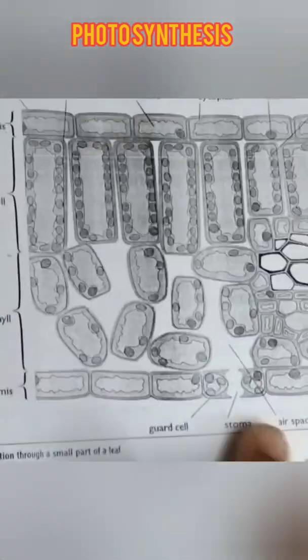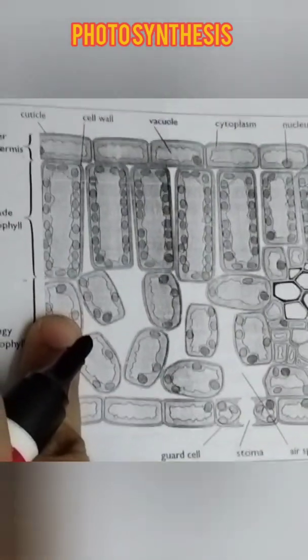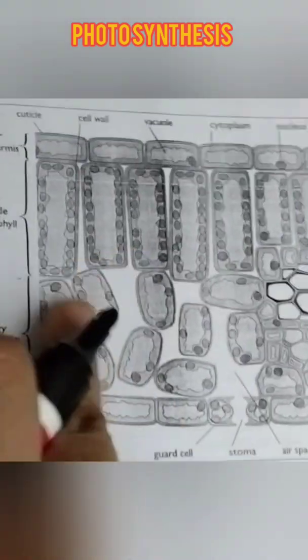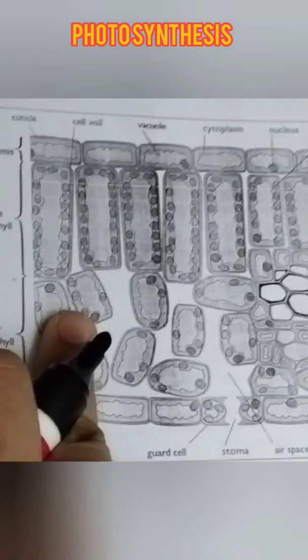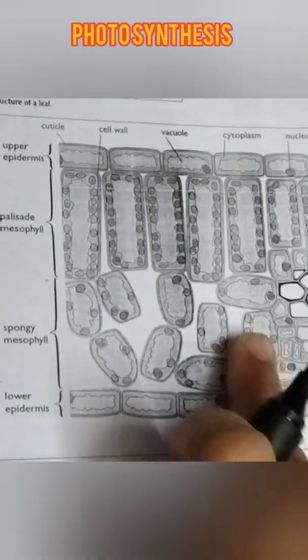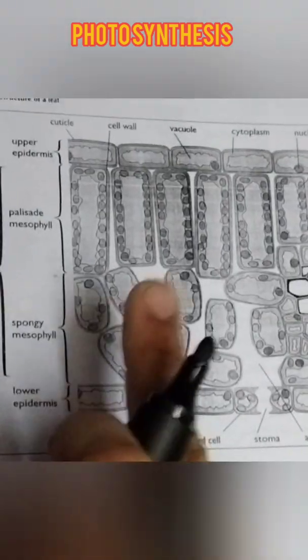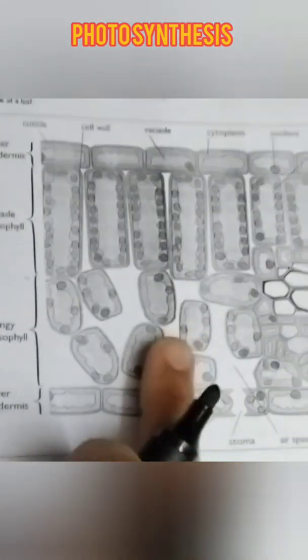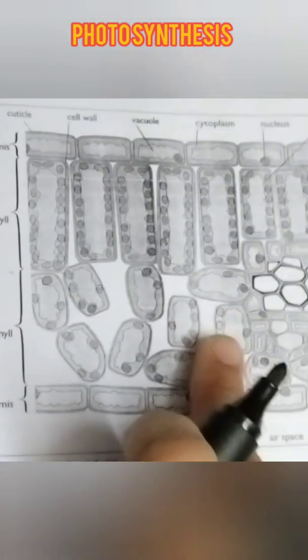So carbon dioxide has to reach this particular cell, where the photosynthesis occurs. Carbon dioxide enters these mesophyll layers through diffusion. Diffusion is nothing but movement of ions from high concentration to lower concentration. When carbon dioxide enters here, the carbon dioxide concentration is high over here.